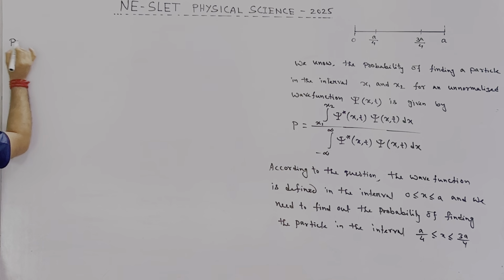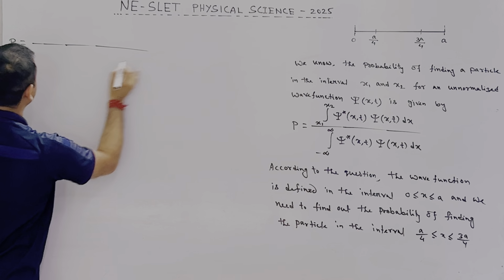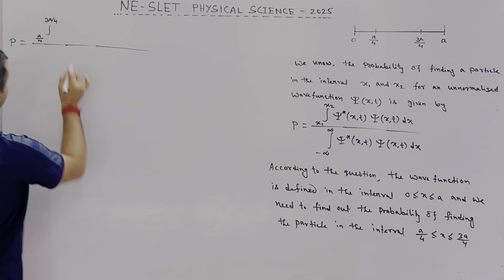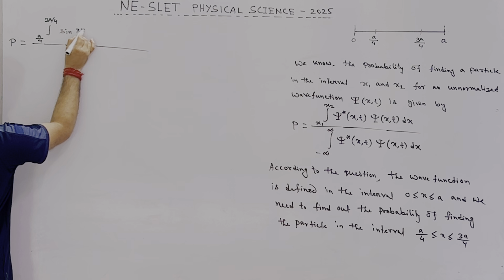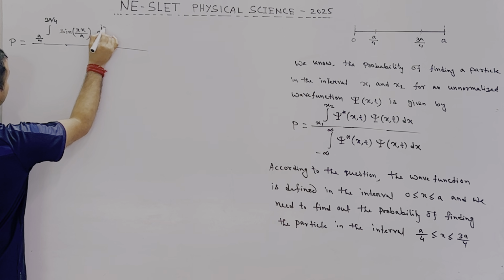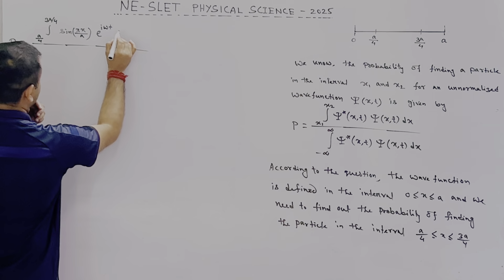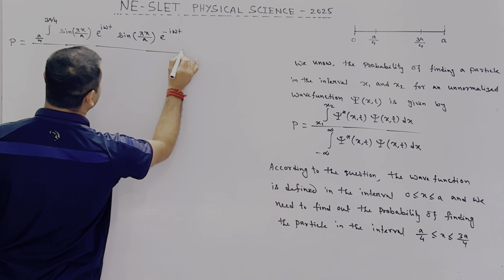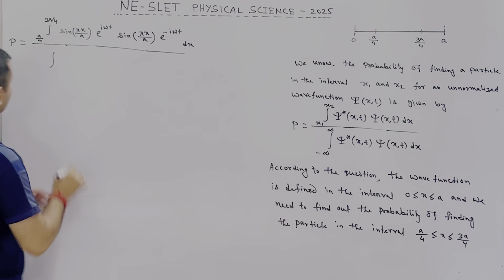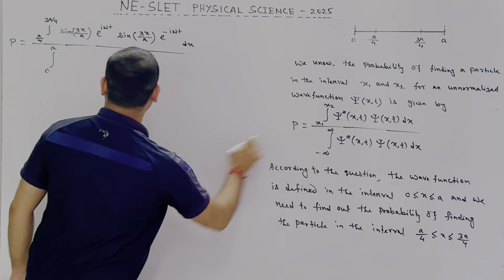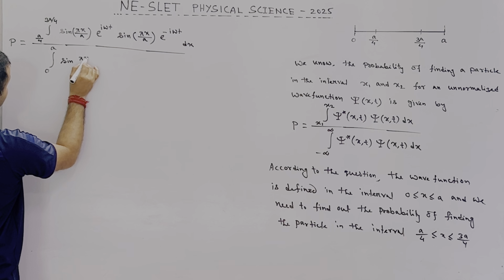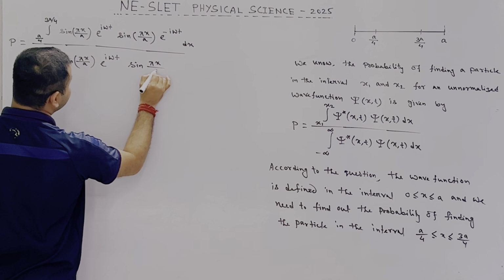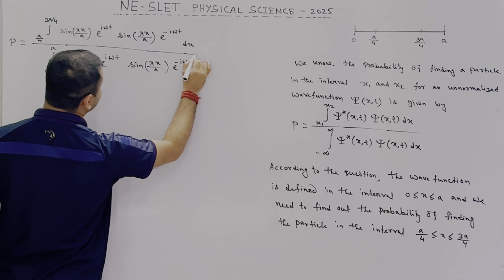Therefore P is equal to integration a by 4 to 3a by 4 psi star, that means sin pi x by a into e to the power plus iota omega t, into psi x comma t, so sin pi x by a into e to the power minus iota omega t into dx, divided by integration, lower limit 0 and upper limit a, psi star, that means this part, sin pi x by a into e to the power iota omega t into sin pi x by a into e to the power minus iota omega t into dx.